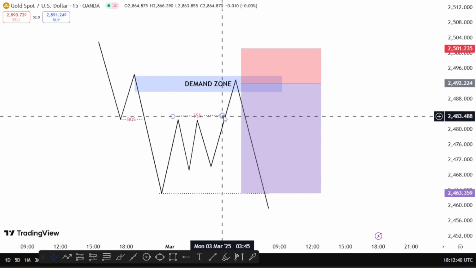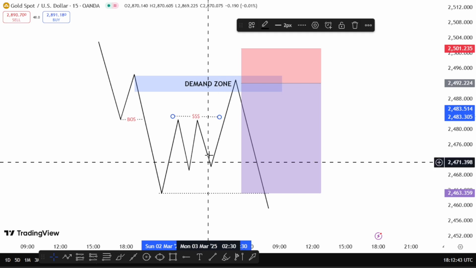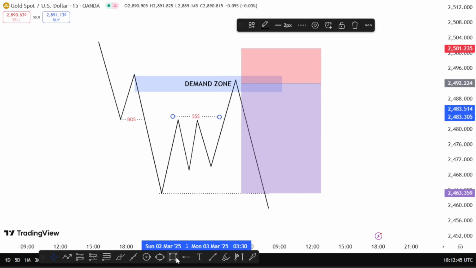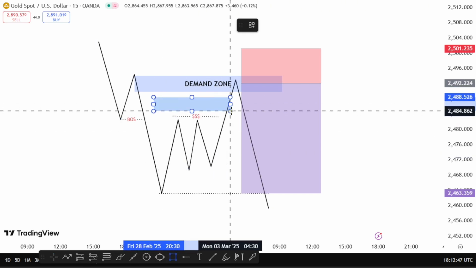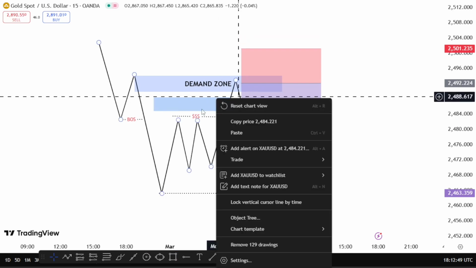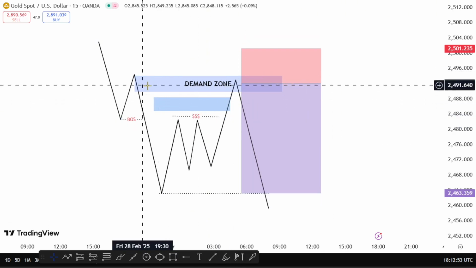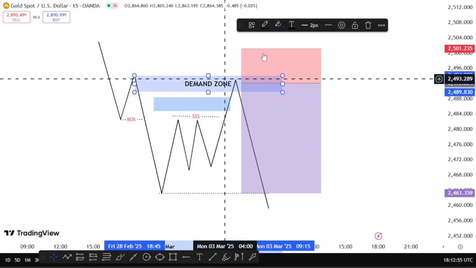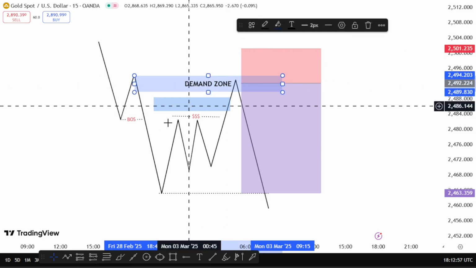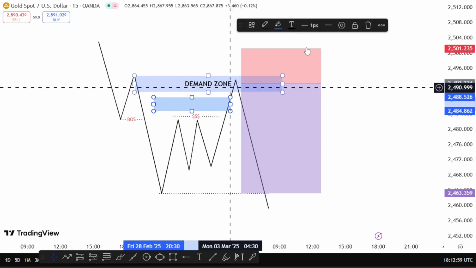Equal lows indicate that there are stop losses resting above, in this area. So the market has to sweep the liquidity resting above that area to go to the supply zone before actually selling to the downside.